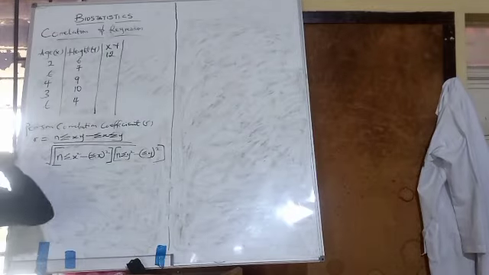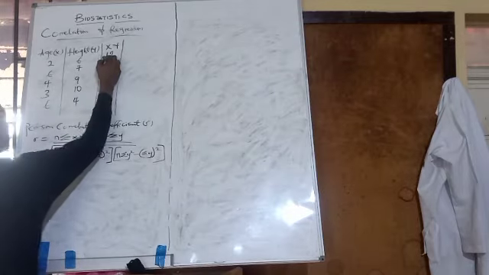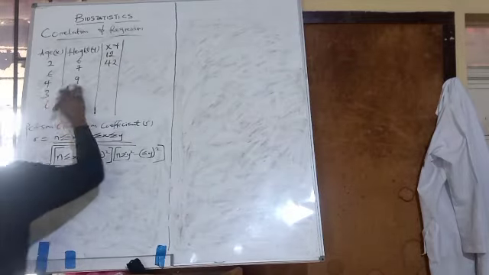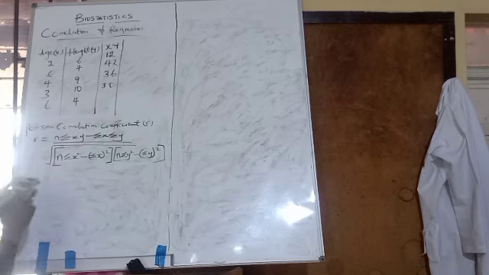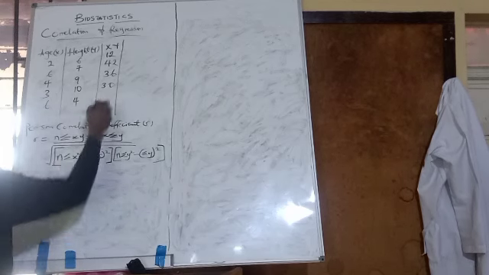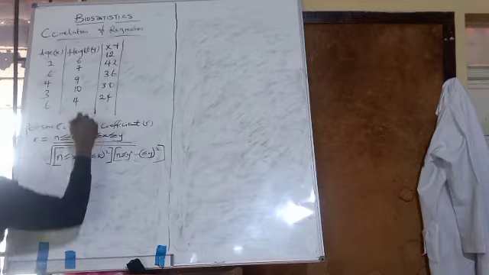Now, we say 6 times 7, that is 42. 4 times 9 equal to 36. 3 times 10, 30. Then 6 times 4, which is 24.